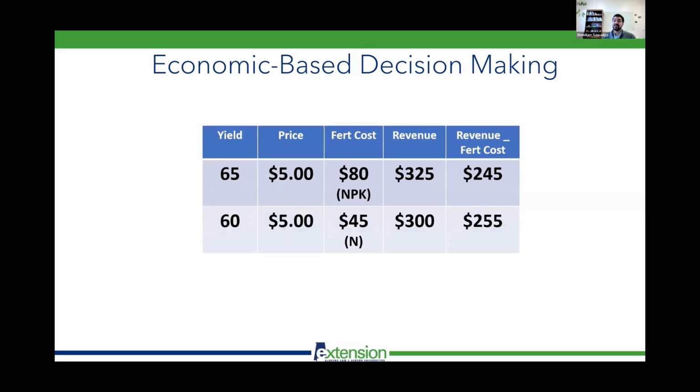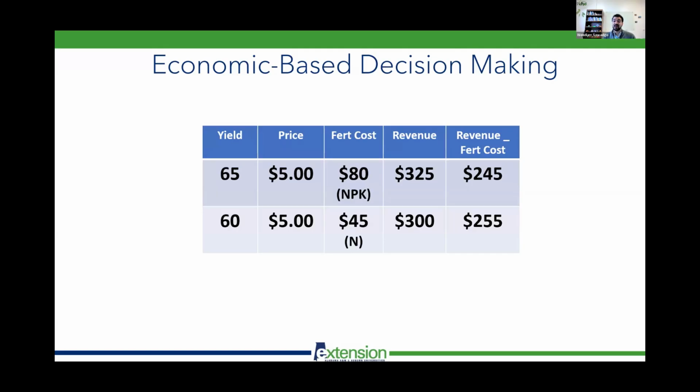In contrast, let's say we could cut the phosphorus and potassium and just apply nitrogen for $45. Now, this would result in a yield decline of 5 bushels per acre. So we're now at 60 bushels per acre. Our revenues would then be $300. And after subtracting our fertilizer costs, we're looking at a net revenue of $255.